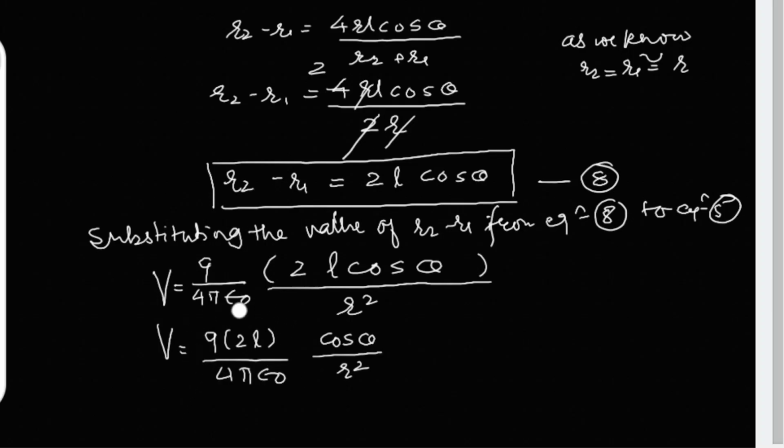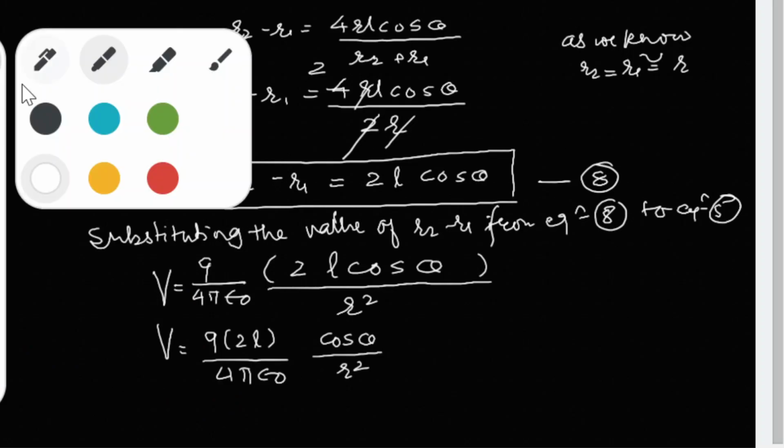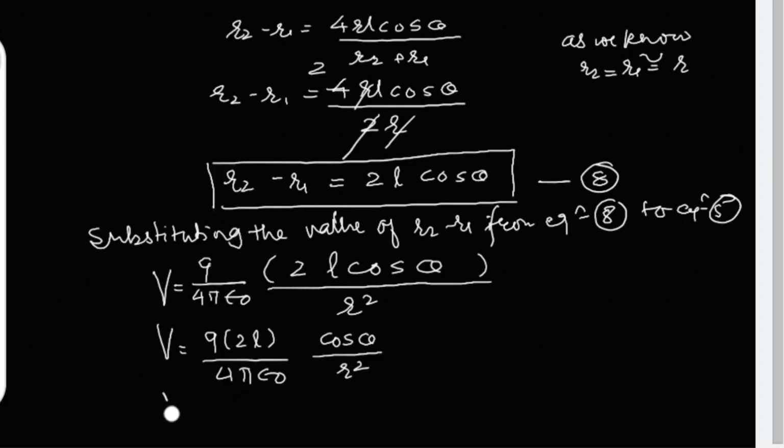This whole thing q into 2l is nothing but p. So V is equal to p cos theta upon 4 pi epsilon 0 r square.